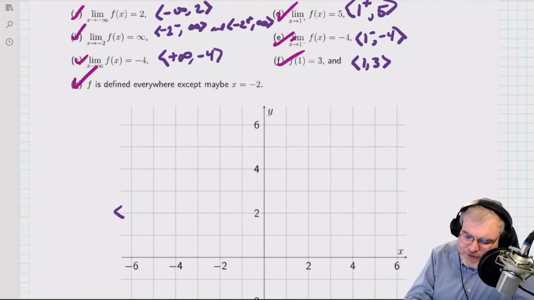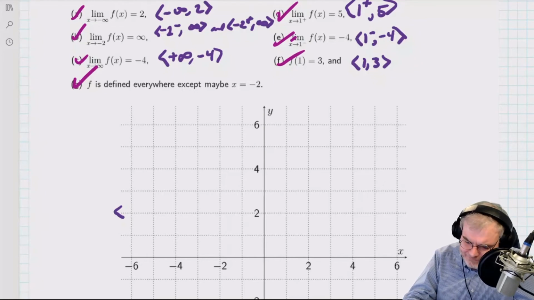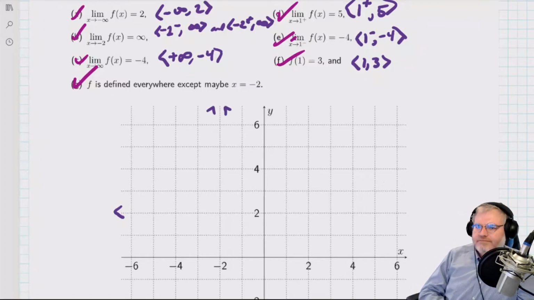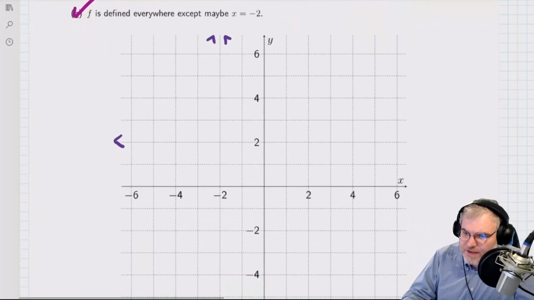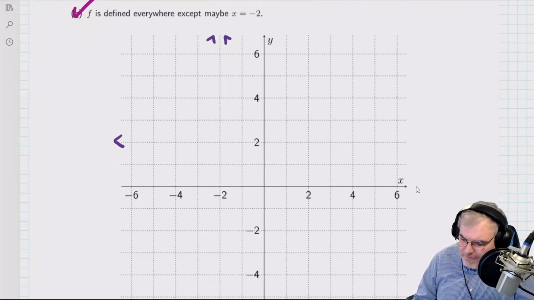So I'm going to put negative 2 left, infinity, and negative 2 right. I'm just treating them like points. Now, positive infinity, negative 4. Positive infinity in the x space is way over here, and negative 4 in the y space is down here. I'm going to put an arrow right there.